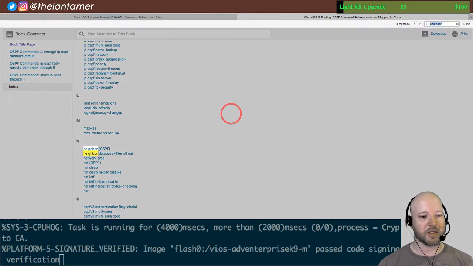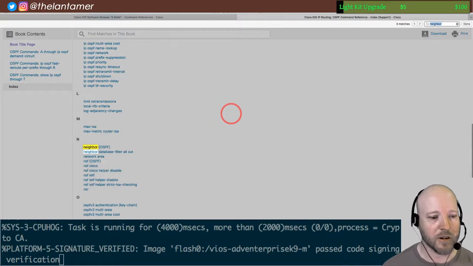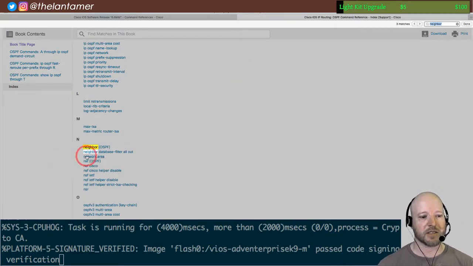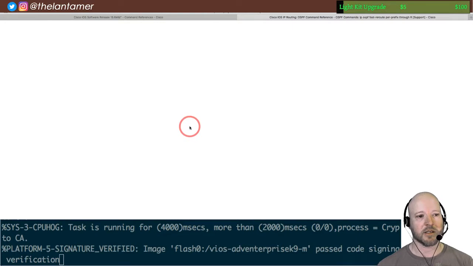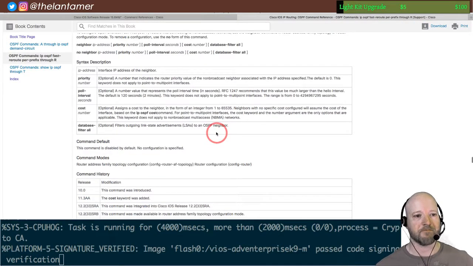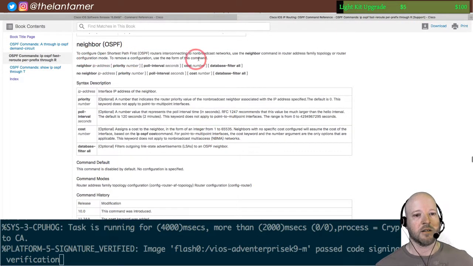Neighbor OSPF. If we would have gone to neighbor in the master index, no telling where we would have gotten. But here we go. Use the neighbor command in router address family topology or router configuration mode.